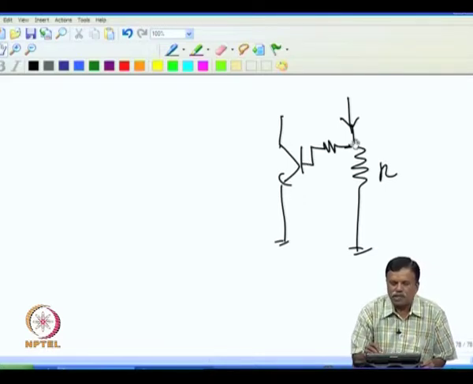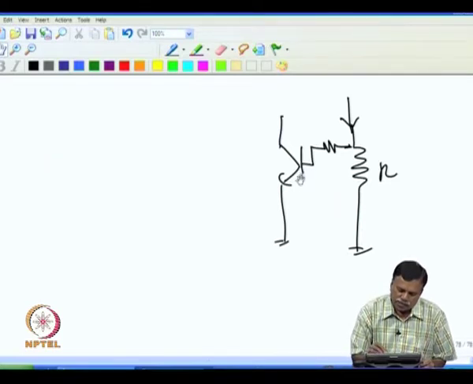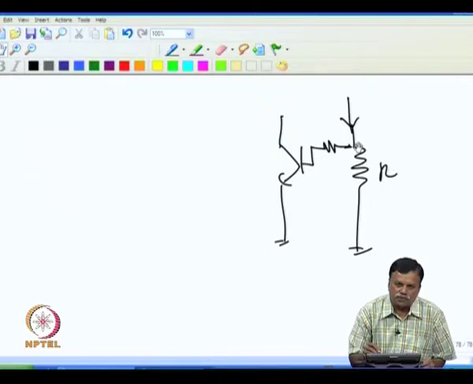So, when the voltage at this point is more than 0.6, then this will be on. But if the temperature goes up, then the required base emitter voltage decreases 2.2 millivolt per degree C. That means at higher temperature you need only less voltage, so it will be switched on at lower voltage. For example, at 100 degree it will switch on at roughly around 0.4 volt itself.